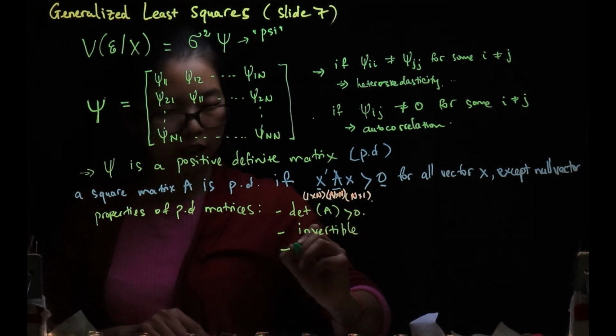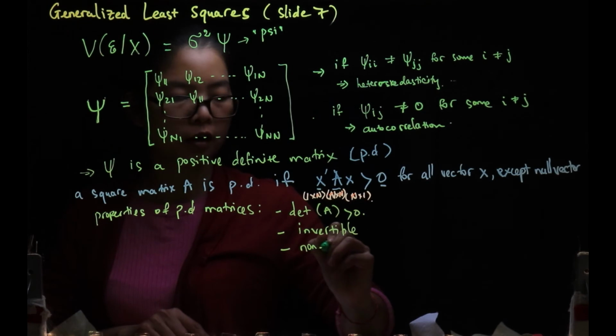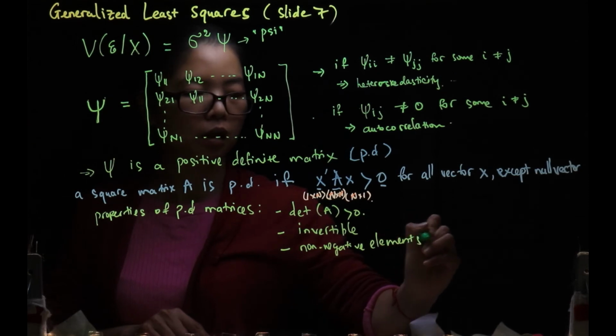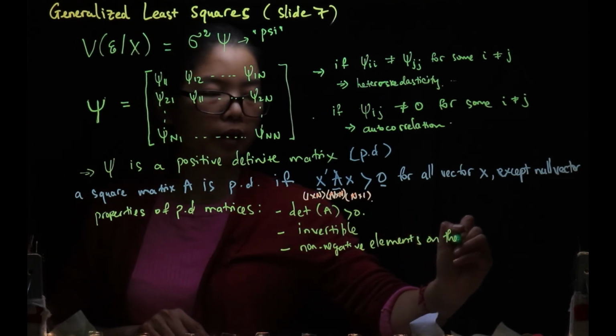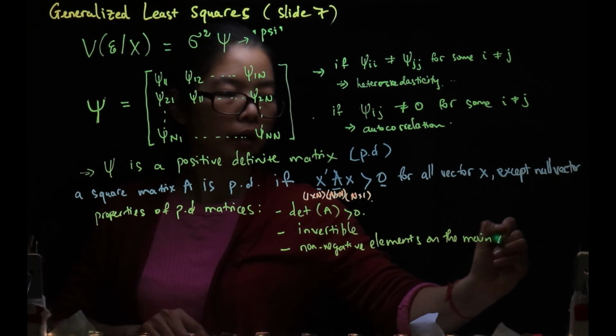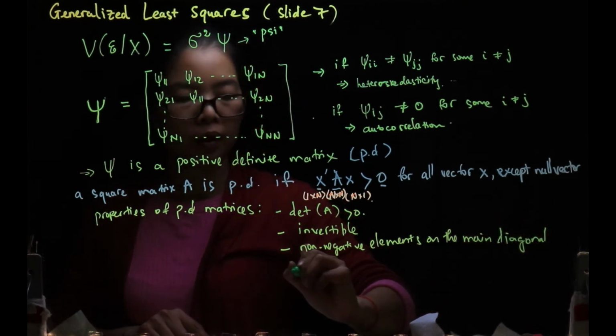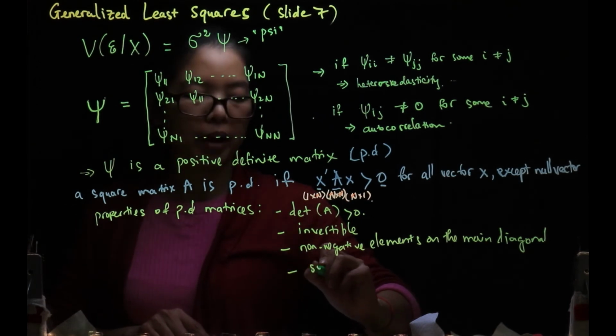The next one is it has non-negative elements on the main diagonal, right? And it's symmetric.